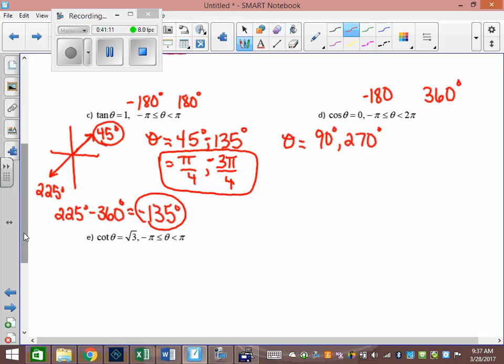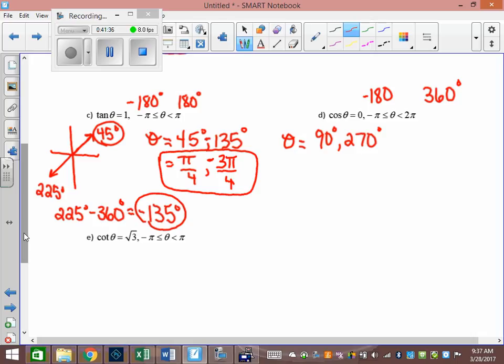Do any coterminal angles also fit in there, though? We have to subtract 360 and see. 90 minus 360 is what? Negative 270. Does that fit in there? No, it's too low. 270 minus 360 is negative 90. Does that fit in there?